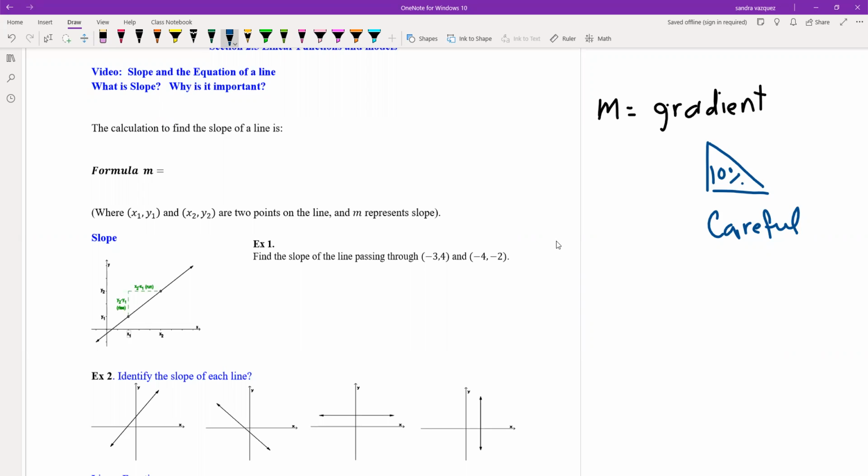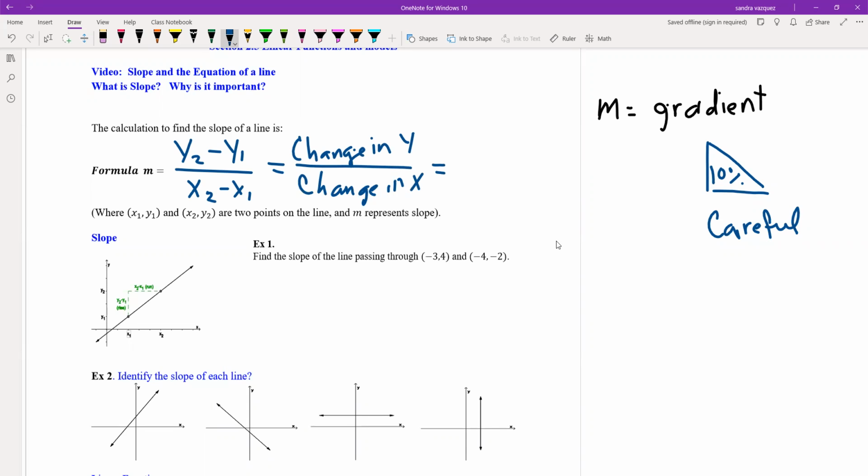Okay, the calculation to find the slope of the line is this one: y sub 2 minus y sub 1 over x sub 2 minus x sub 1. That's the one that all of you have seen. This is what we said is called the change in y over the change in x.